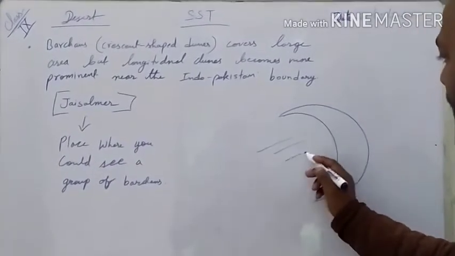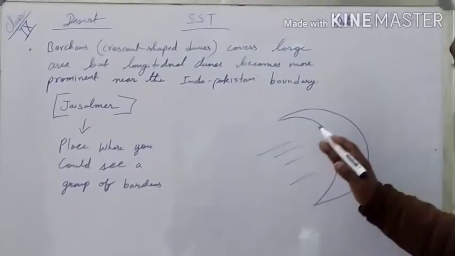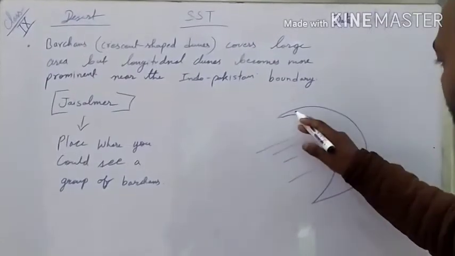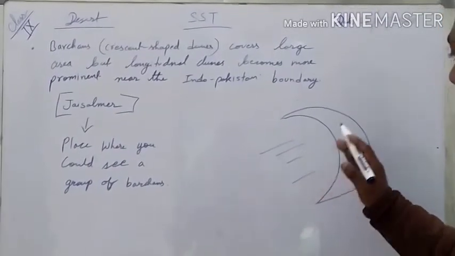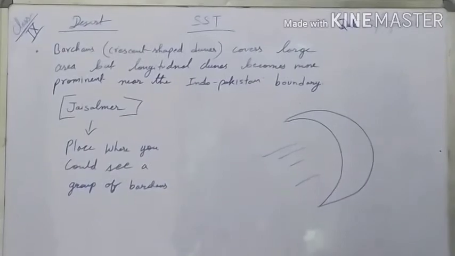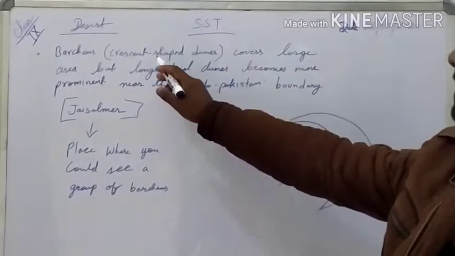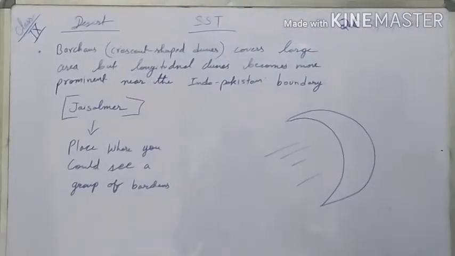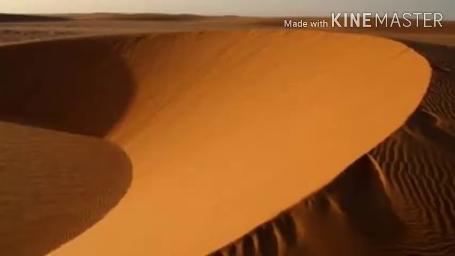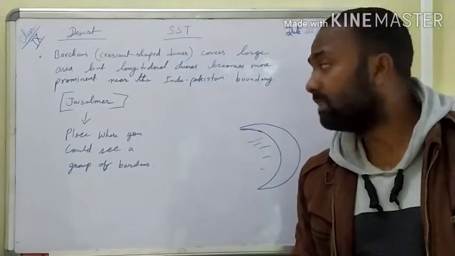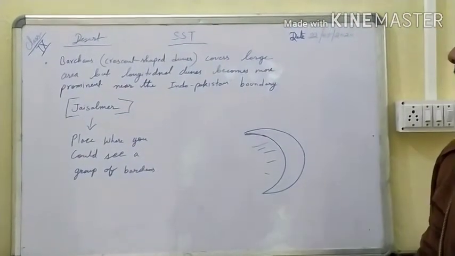When the wind blows from here, it takes away the sand from here, and this shape is left. This shape is called the crescent-shaped dune, also known as barchans.